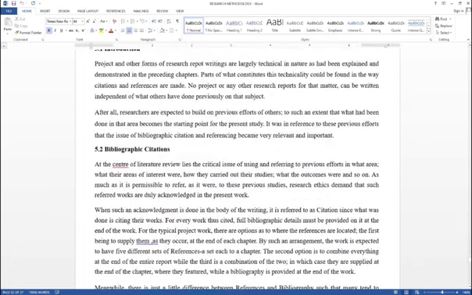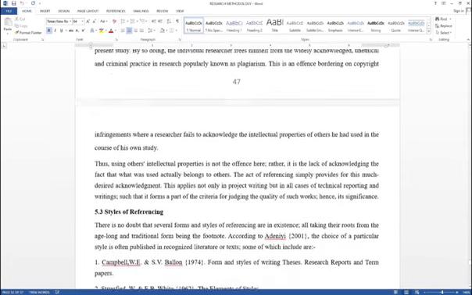At the center of this system lies the critical issue of using and referring to previous efforts in that area, what their areas of interest were, how they carried out the project, what the outcomes were, and so on. So your literature review showed us how you carried out your interest in the work and all that.